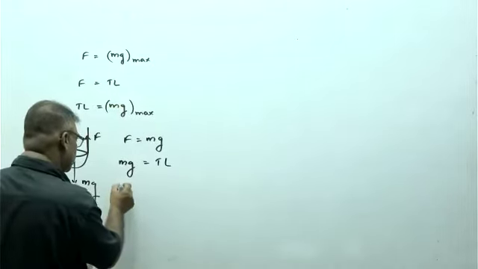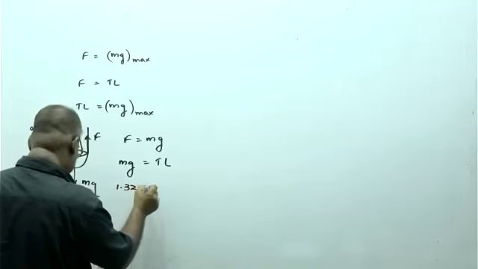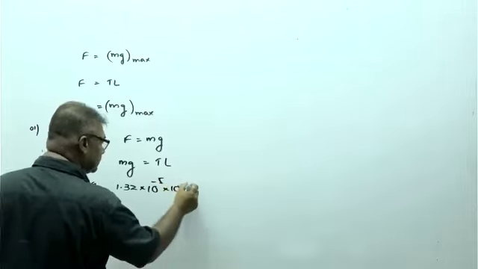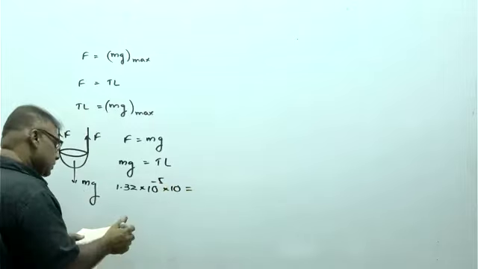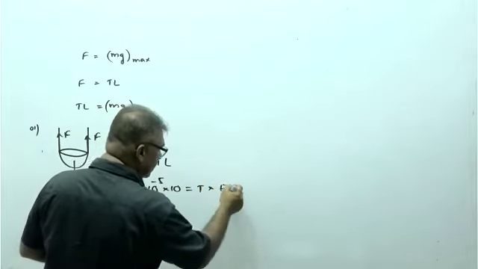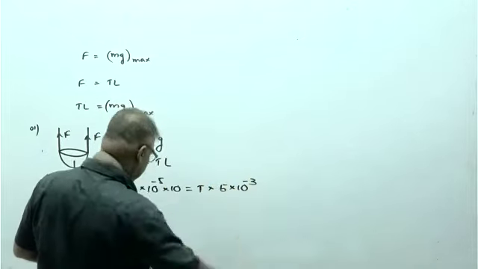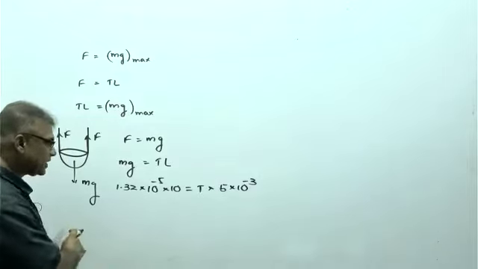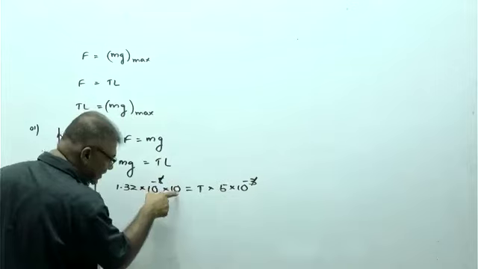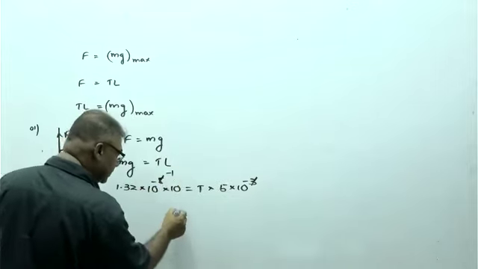mg is 1.32 into 10 to the power minus 5, right? T is the surface tension, L is the circumference, 5 into 10 to the power minus 3. Clear? Simplify these two. Minus 3 cancels with minus 3, and minus 1 is available.